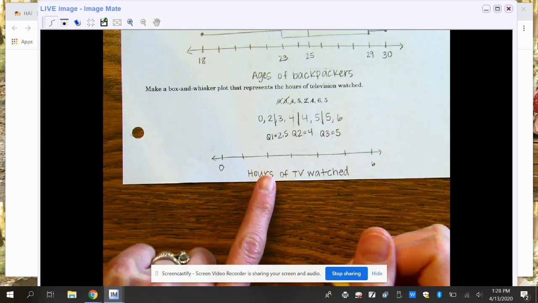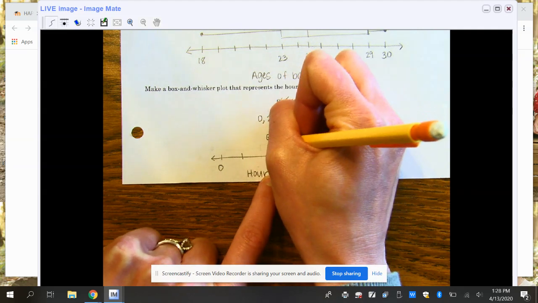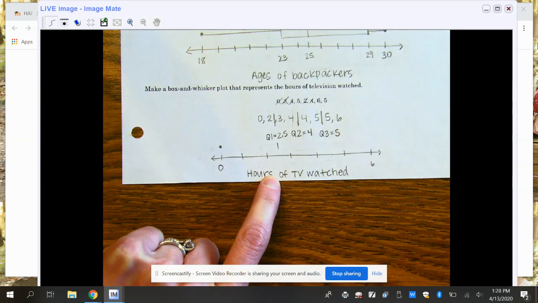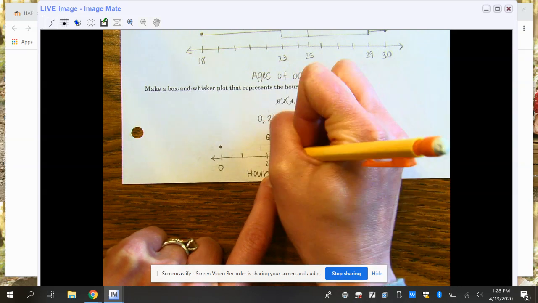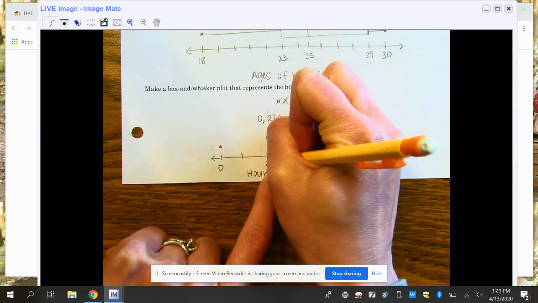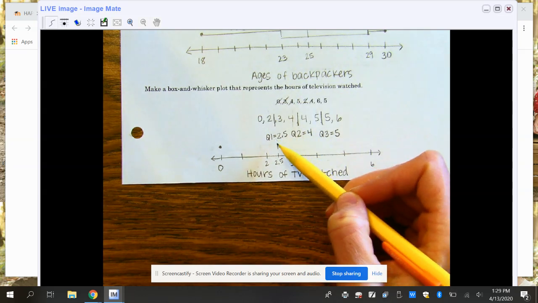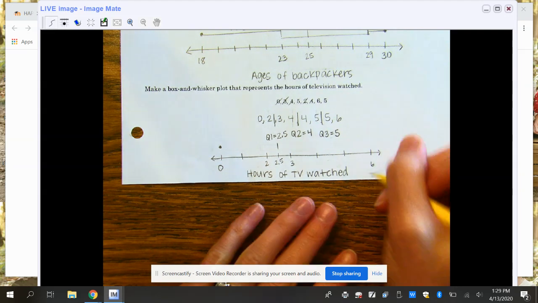All right, so Q1 is going to be 2.5. So right there, my minimum, my least value, is 0. And then I'll just go ahead and plot that right here. Usually I would write it above this line right here, but I just don't have enough space.